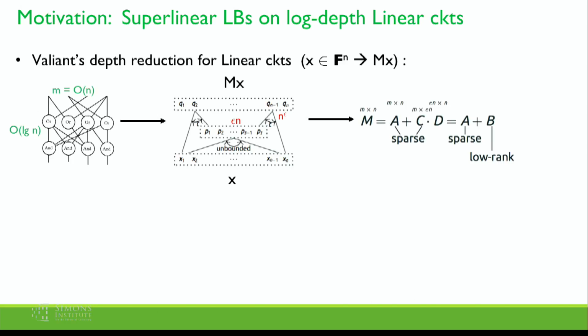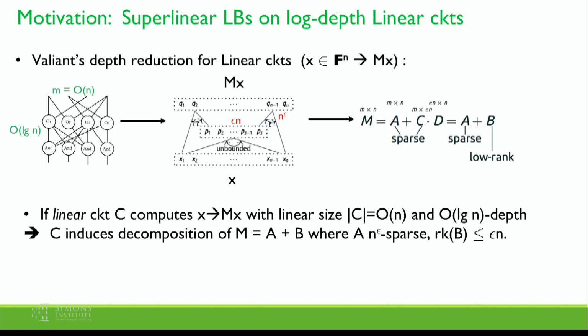So this is all I'm going to say. The main point, if this didn't follow, is that if a linear circuit computes your linear transformation M with linear size and logarithmic depth, then this reduction, which is completely combinatorial, applied on linear functions, gives you a decomposition of M into a sparse plus low rank matrix.